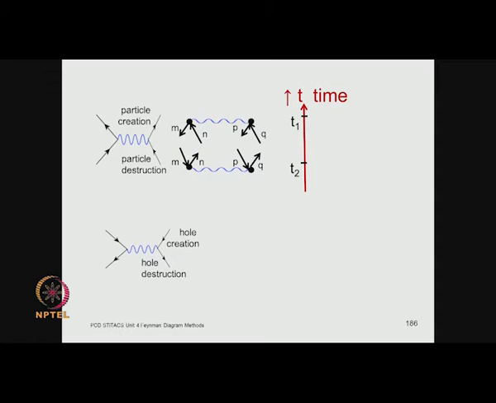Because when you join, it tells you that the same hole state which is destroyed at T1 is the one which is created at the previous time T2. That is the information which is contained in the fact that both of these are represented by the state m, and that information is then included in simply joining this.